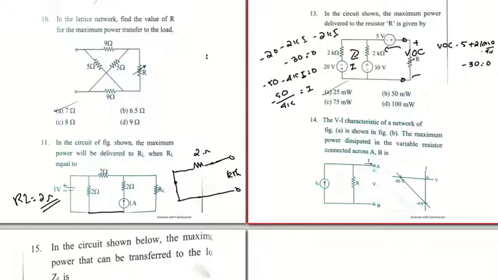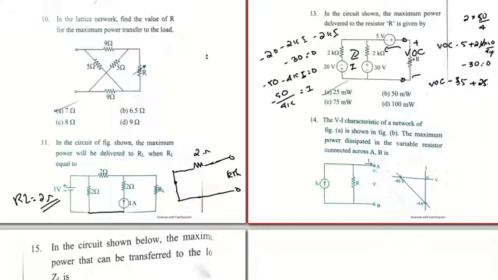So K and K cancel, so it will be 35. 2 into 50 divided by 4 gives me 25, right?